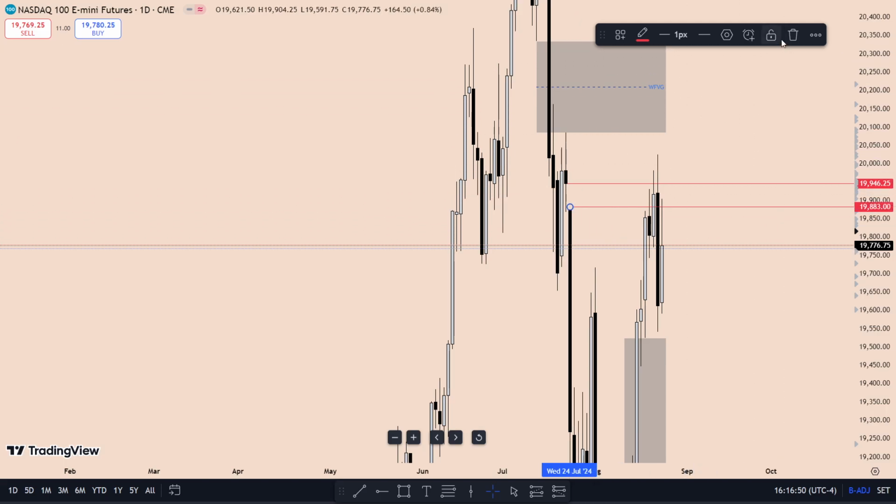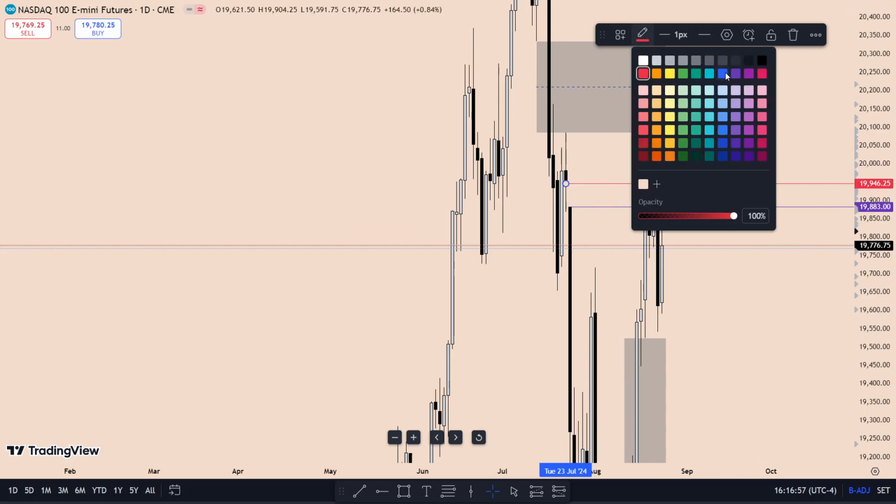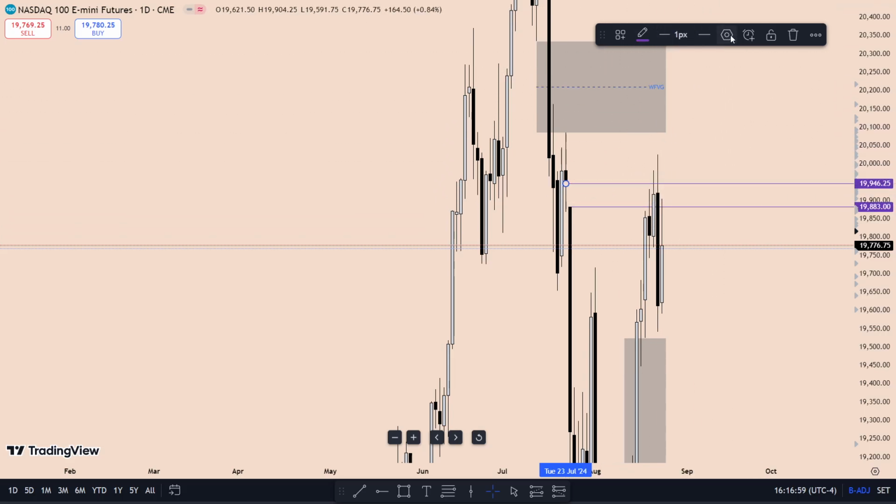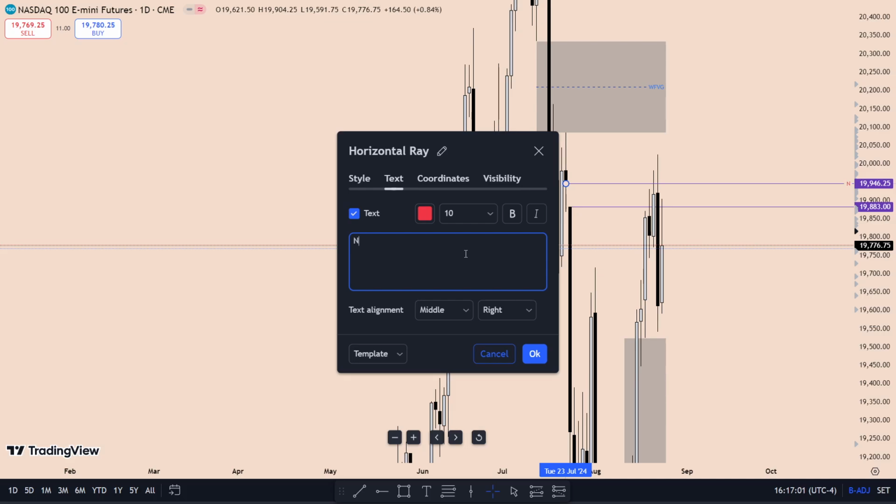and this is a new day opening gap. So I'm going to annotate that. New day opening gap, and that's the high, and that is the low. New day opening gap low.